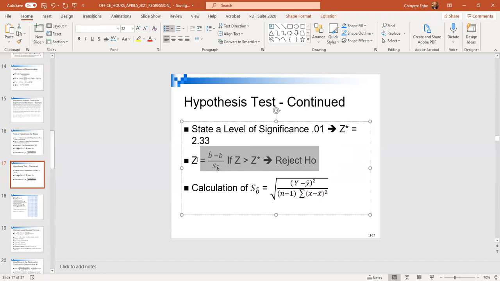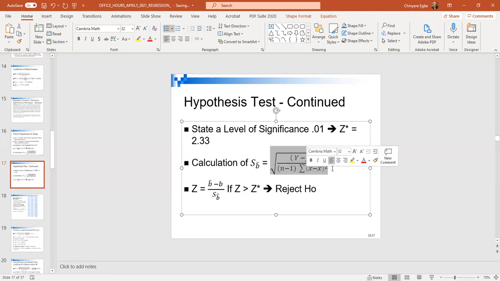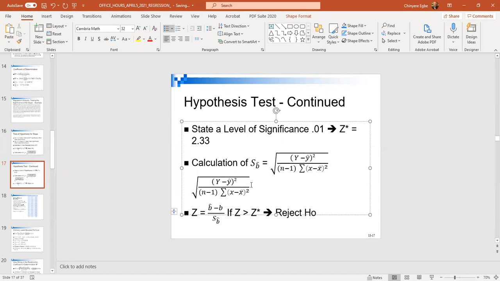So the next question is, what is the standard error of B hat? Now we already know y minus y bar squared. We know it's 2326.